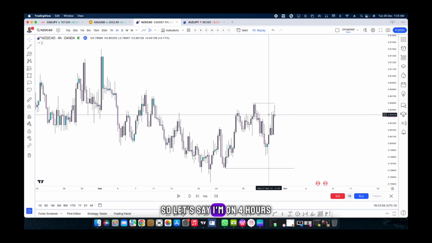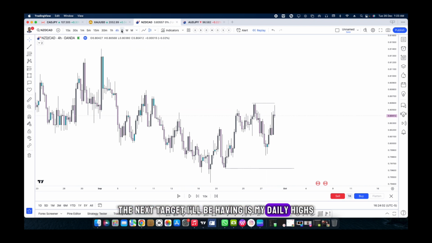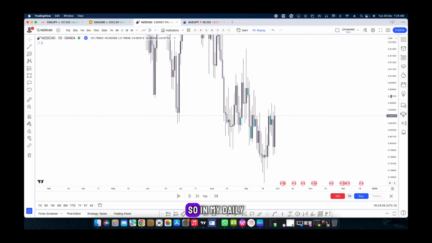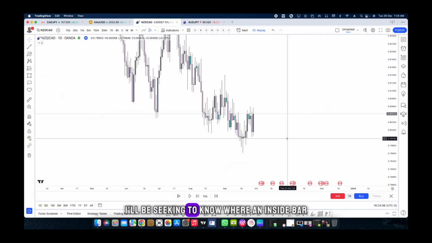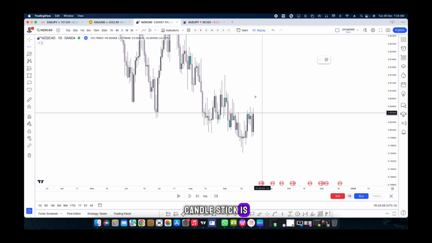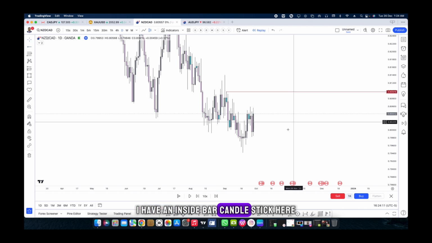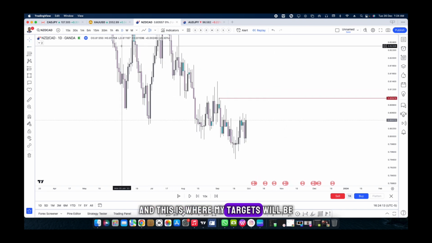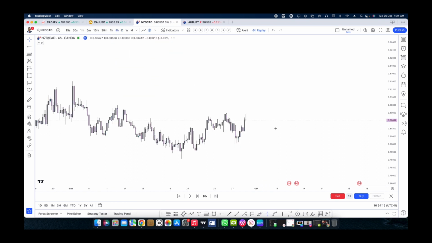So let's say I'm on 4 hours and I'm targeting 4 hours high. If 4 hours high is moved, the next target I'll be having is my daily highs. So in my daily, I'll be seeking to know where an inside bar candlestick is on the daily. I have an inside bar candlestick here, and this is where my target will be. You see?